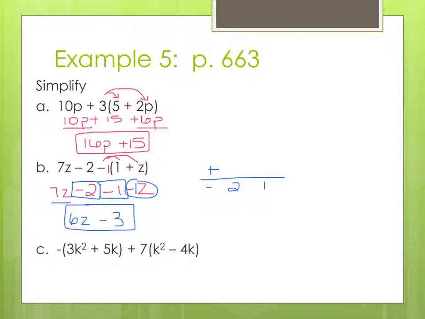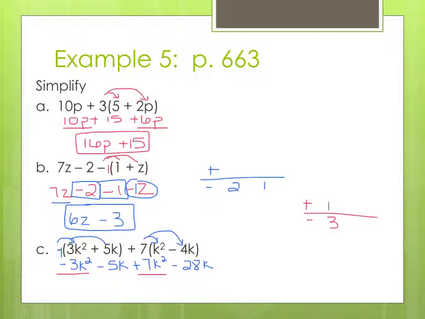Okay, and C. Again, a negative in front of the parentheses. Distribute the negative 1. So that's negative 3k squared. Negative 1 times 5k is minus 5k. Distribute the 7, so plus 7k squared. 7 times negative 4, negative 28k. Then we'll combine like terms, so negative 3k squared plus 7k squared.